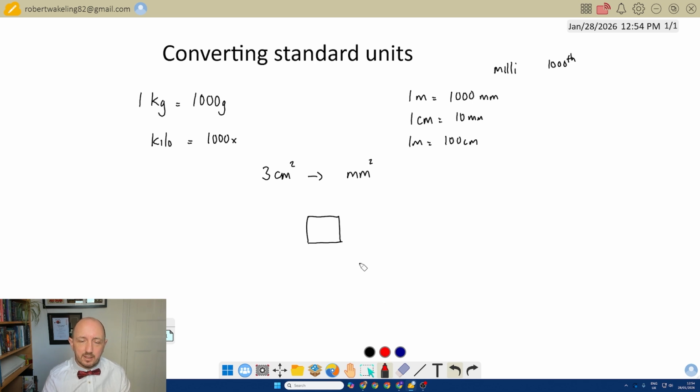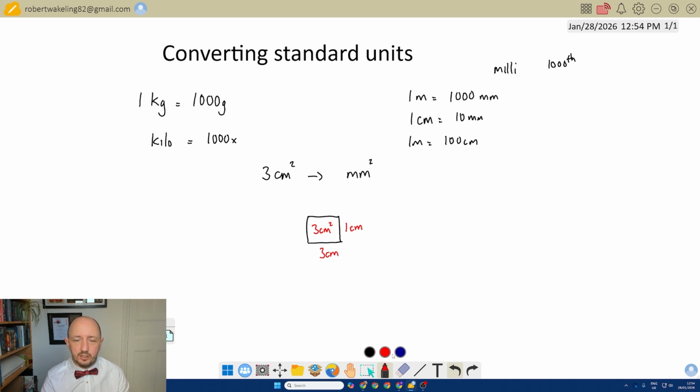But my advice for doing this type of conversion is to create a rectangle and choose 2 sides that will multiply to give 3. 3 centimeters and 1 centimeter is an example. Okay, you can always choose 1 centimeter and then whatever number this is. This will give us our 3 centimeters squared.